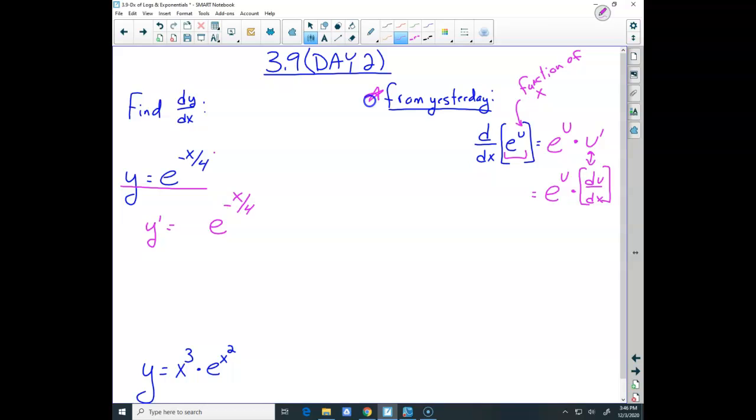Now I have to remember the derivative of my exponent, and we want to picture this as negative 1/4 times x to see that it's going to be negative 1/4, and that's why I left that little spot in the middle. So there's the derivative of that one.